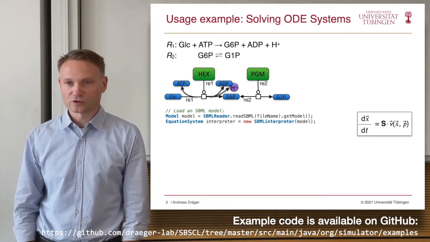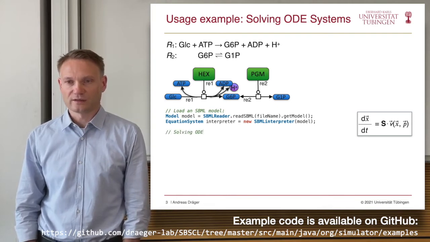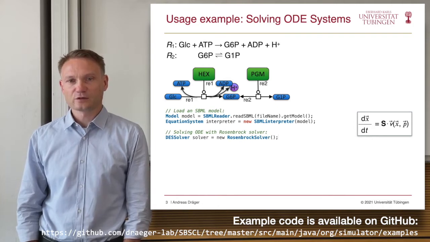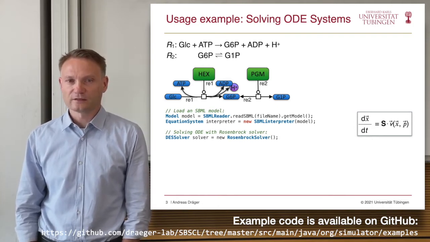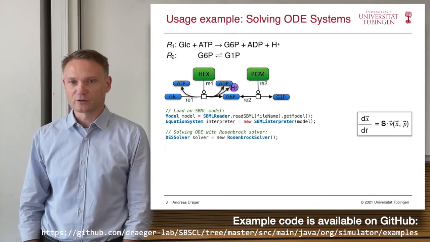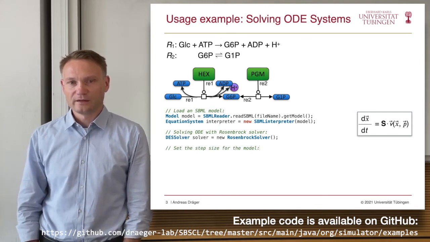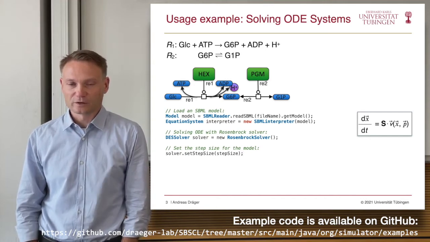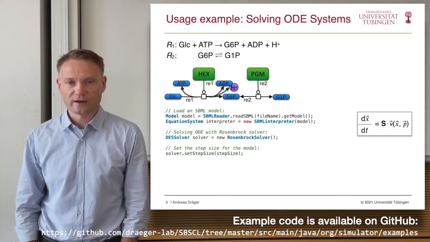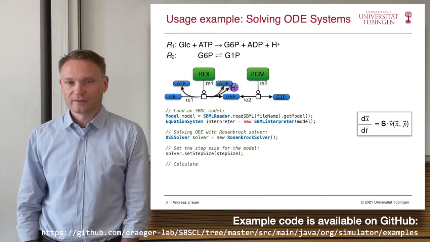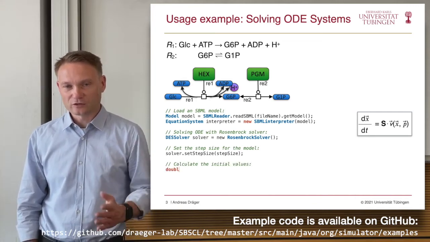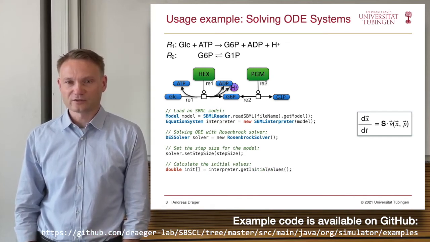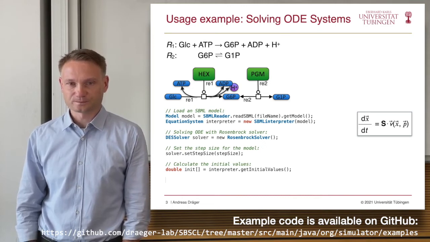to deal with anymore. And then you can solve the system with any differential equation solver, in this case here the Rosenbrock solver, and then set also the step size if you want, for instance 0.3 or whatever you find appropriate for your system. Then you obtain the initial values that should be included in the SBML model already, so the interpreter makes some computations to get those initial values from the model, and then you can solve.